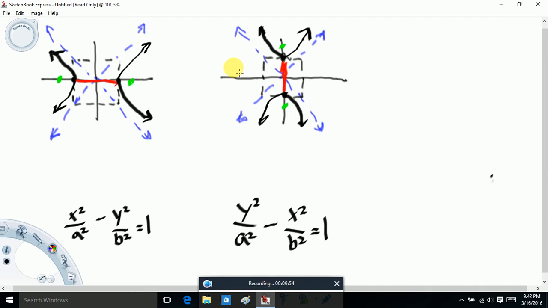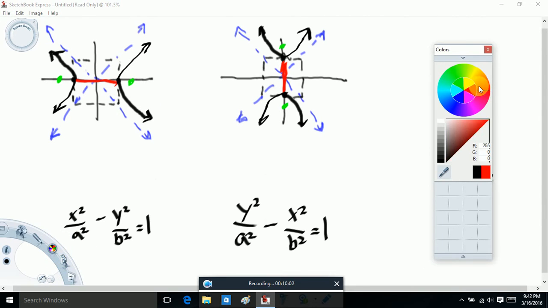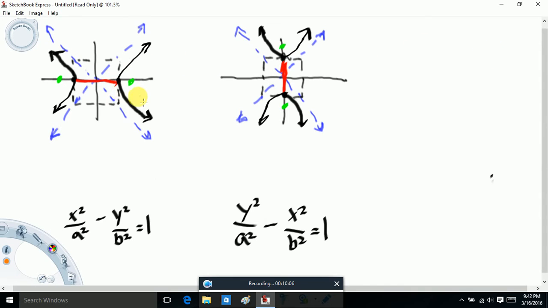So what are A and B? In this equation on the left, A is the distance from the center to one of the vertices.